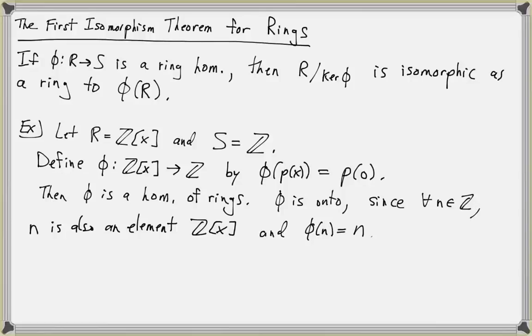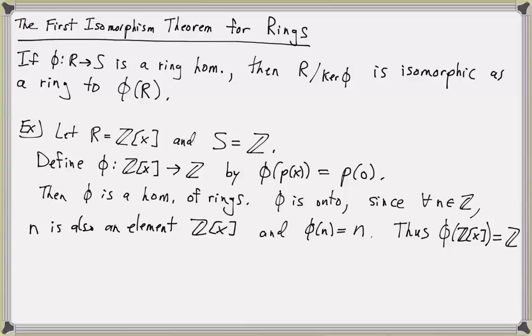So we think of a constant as a polynomial in x as well. Since phi of n equals n, we see that phi is onto. So that is, the image of the ring equals all of the integers.